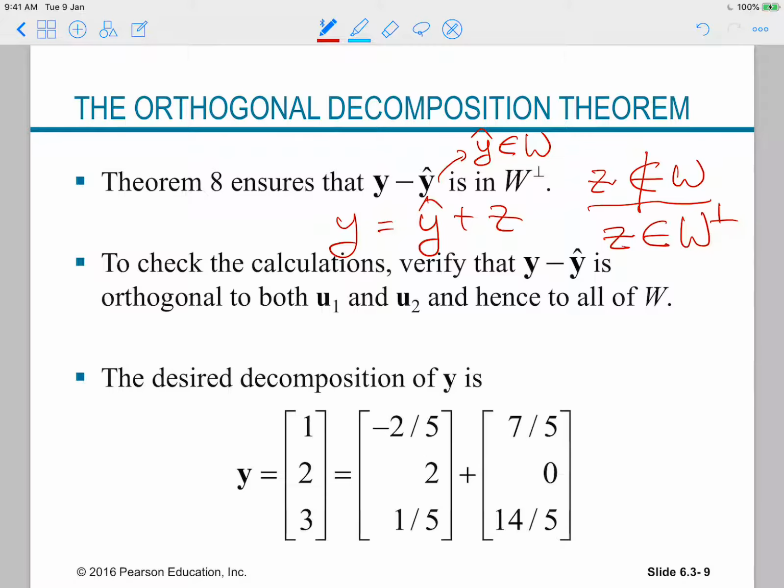So that's how we connect those things that we studied all together. So why is it so? You can easily understand it because this component z is orthogonal to any vector from W.